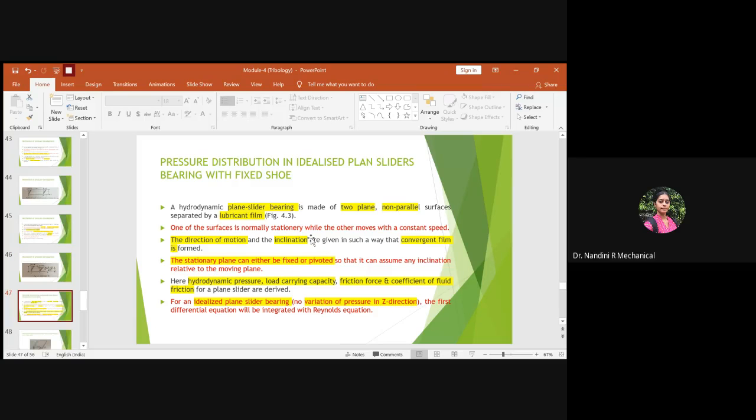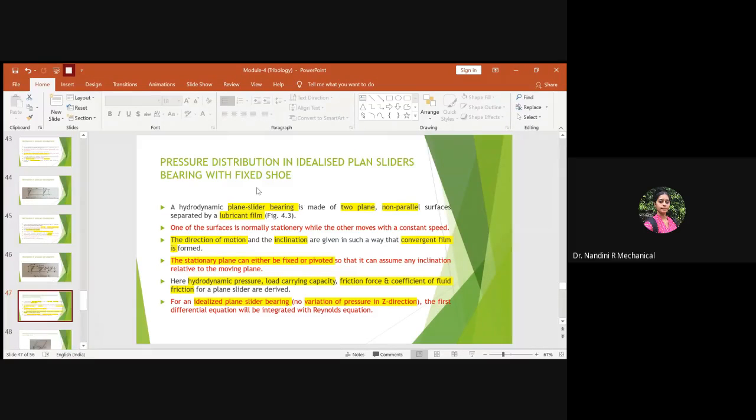Now we apply the same concepts to derive equations for pressure distribution, load bearing capacity and coefficient of friction in the case of a plane slider bearing. As discussed earlier, the plane slider bearing comes under the hydrodynamic category and not hydrostatic, because here it will not be in a static condition. There is relative movement of the oil film across the contact area. Keep this in mind.